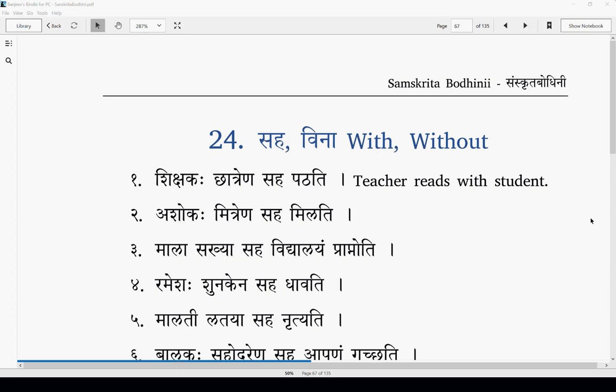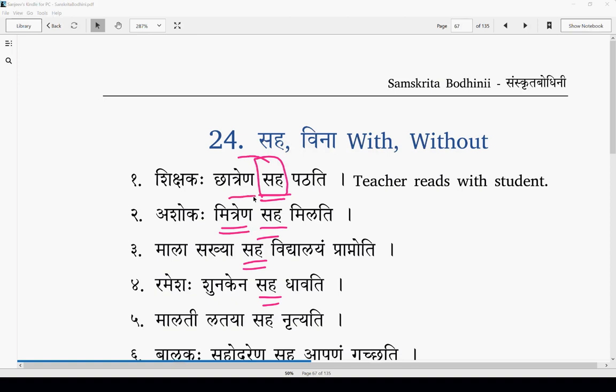These are not instruments actually, but in this case also Tritiya Vibhakti is used. Why? Because that is how the usage is. It says that when there is a saha word in a sentence, saha meaning with, then whatever word is associated with this saha will be in the Tritiya Vibhakti.